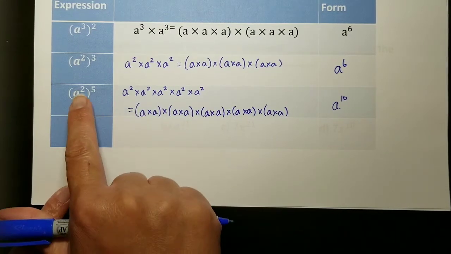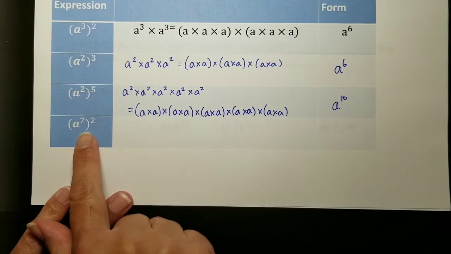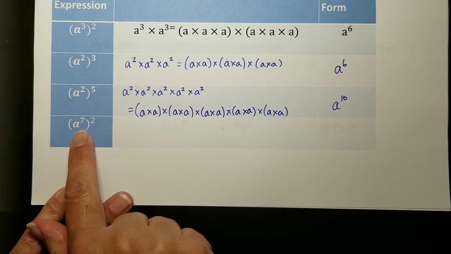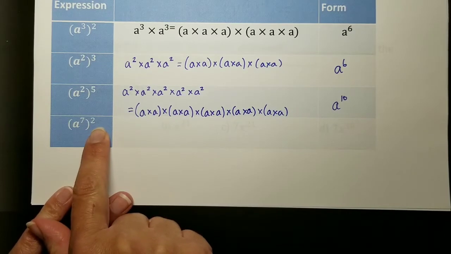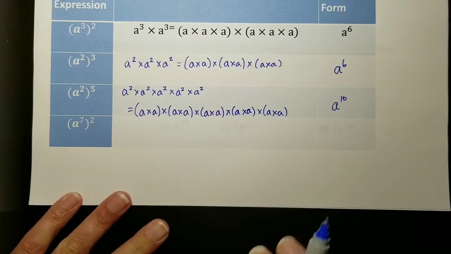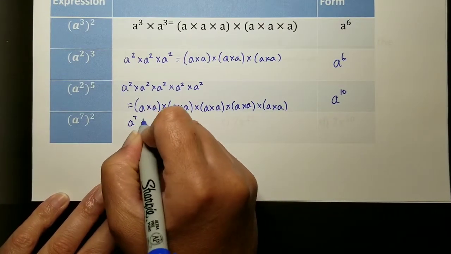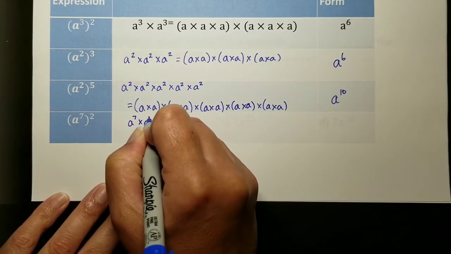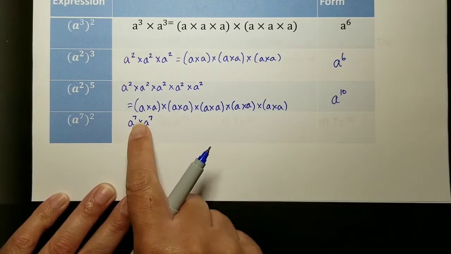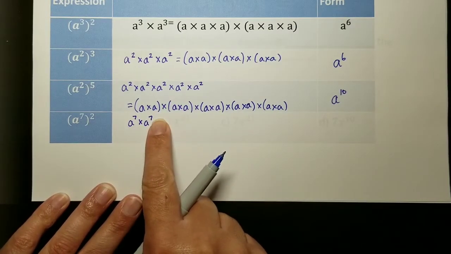So hopefully you're noticing a pattern. What do you think this one's going to be? A to the 7, all to the exponent 2. So this is going to be a to the exponent 7 times a to the exponent 7.